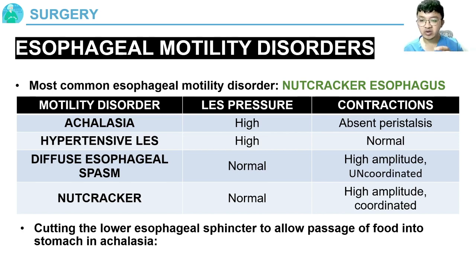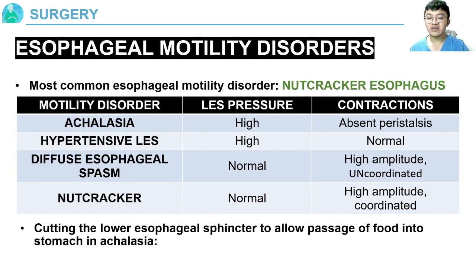In order to understand and answer questions which give you manometric or pressure readings and let you deduce what type of motility disorder the patient has, differentiate them first by their LES pressure. LES stands for lower esophageal sphincter pressure, the sphincter at the esophagus at its junction with the stomach.